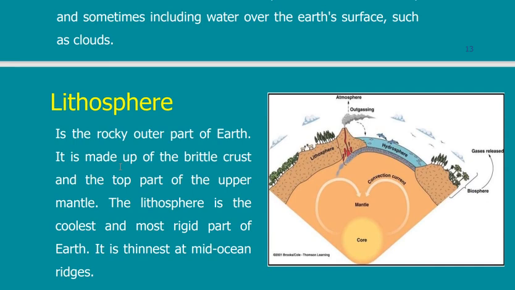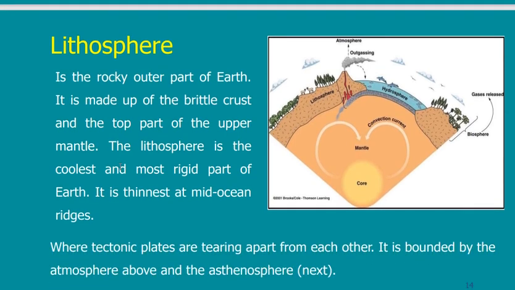The third layer is called the lithosphere. Of course, I don't know Greek, but obviously litho has something related to rocks. So lithosphere is the rocky outer part of the Earth. So here I am just concentrating on whatever has rocks.